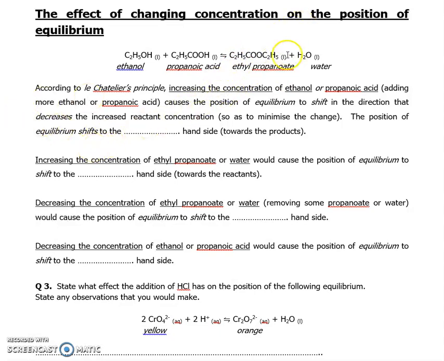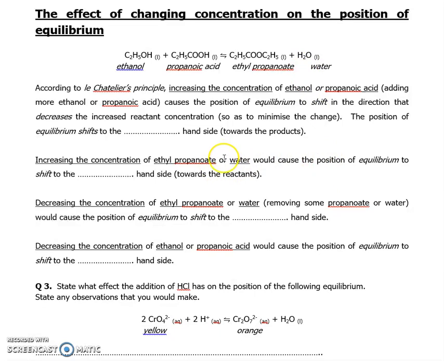If we were to, say, add more water to this equilibrium, the effect would be to shift the equilibrium in the reverse direction, so the equilibrium would shift to the left to offset the increasing water concentration.